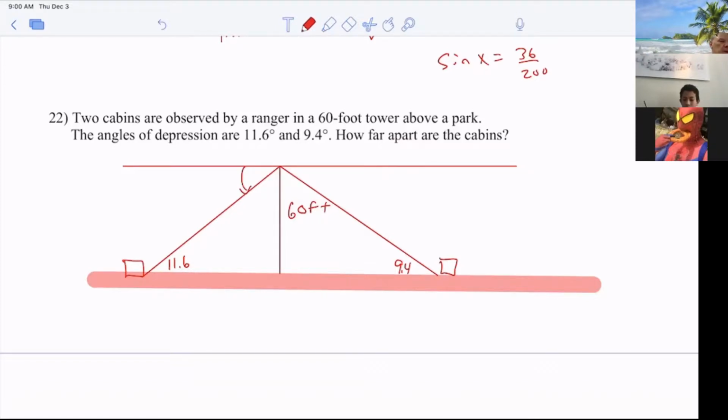So what is this angle right here? Somebody tell me what this angle is. What is it? 78.4. Thank you. And then the other angle would be what? Say it again.